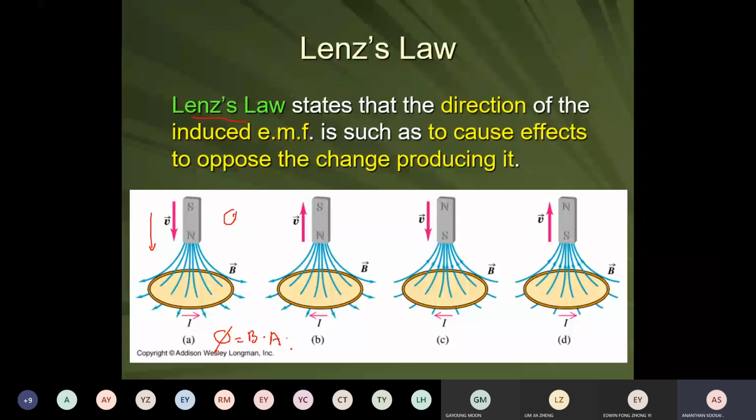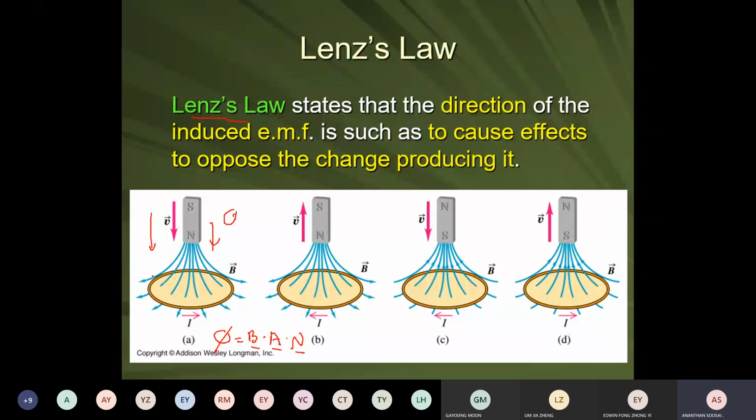Flux linkage. When this magnet goes down, what is rising? When the magnet moves down, which quantity is changing? N, the number of turns, is fixed, never changed. A, the area of the coil, does not change.